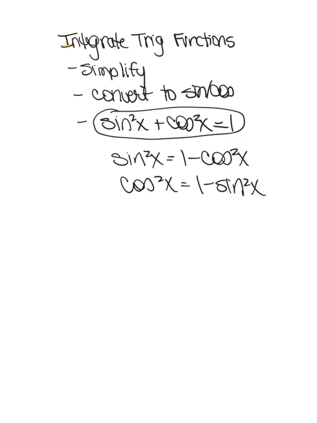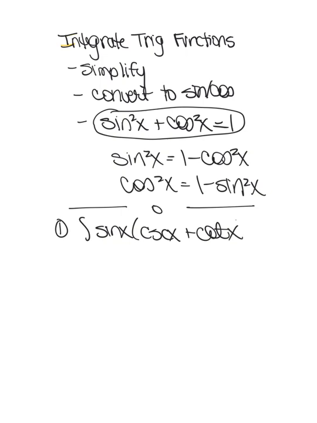So let's look at some examples here where we might have to do a little bit more manipulation on our trig functions. I'll start with my first example, the integral of sine x, and then in parentheses we're going to do the cosecant of x plus the cotangent of x with respect to x.